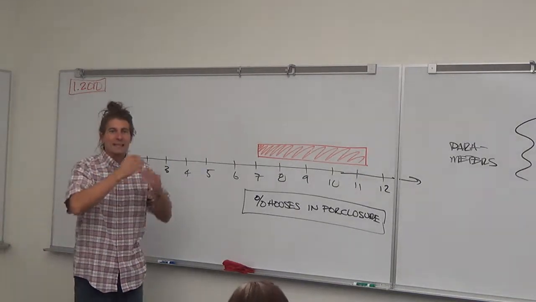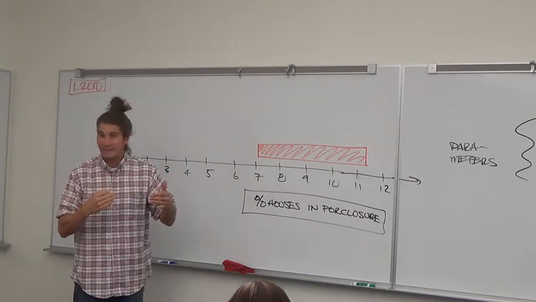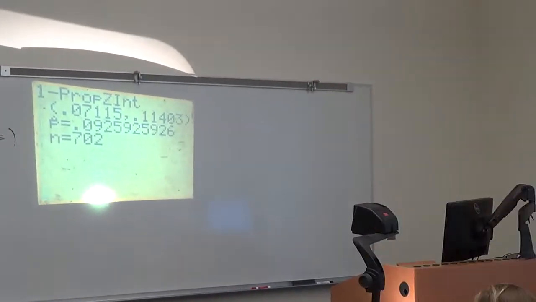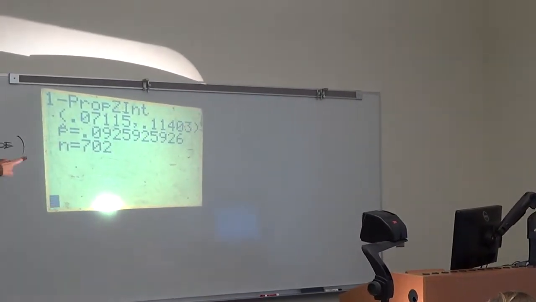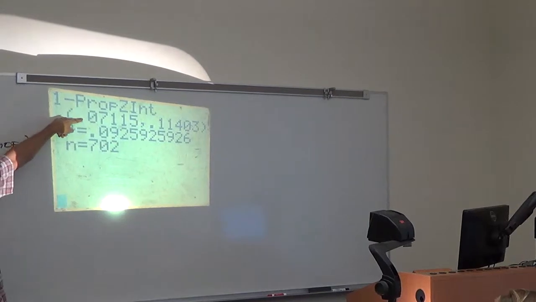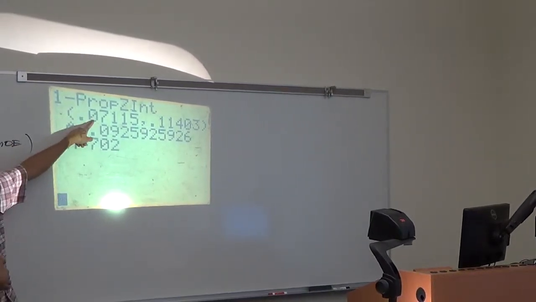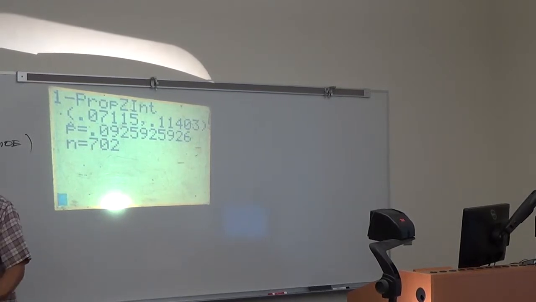Remember, the margin of error is added and subtracted to p hat. So if you look at the screen over here, I think this is what Connor did too, the distance between p hat and the lower interval has to be the margin of error, because to get from p hat to that number, you subtracted the margin of error.